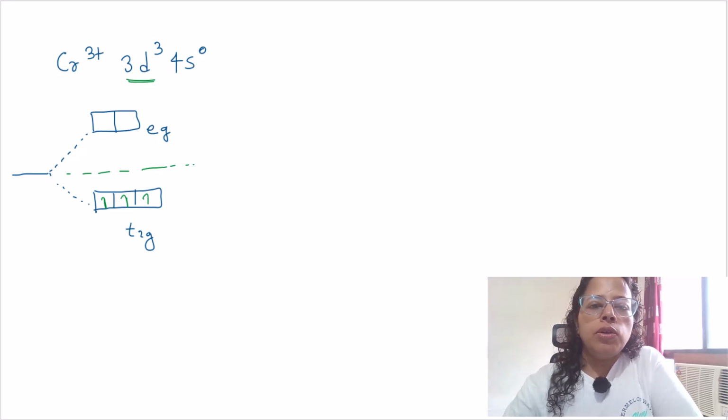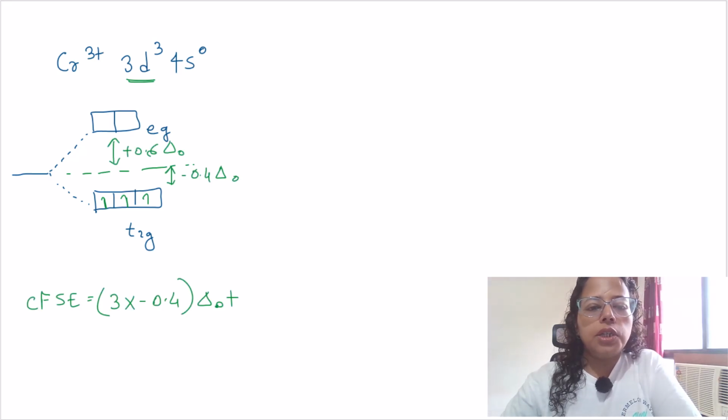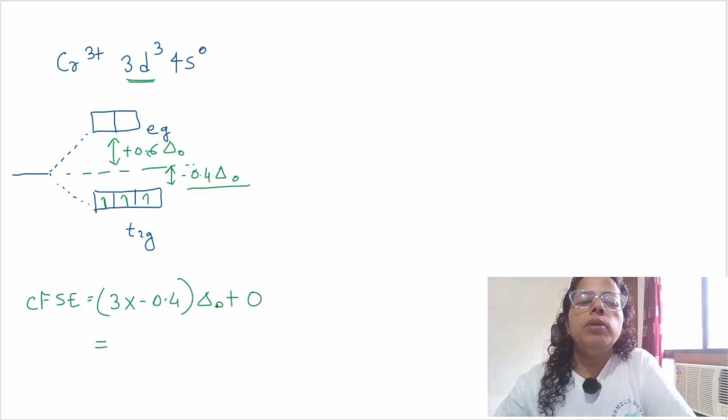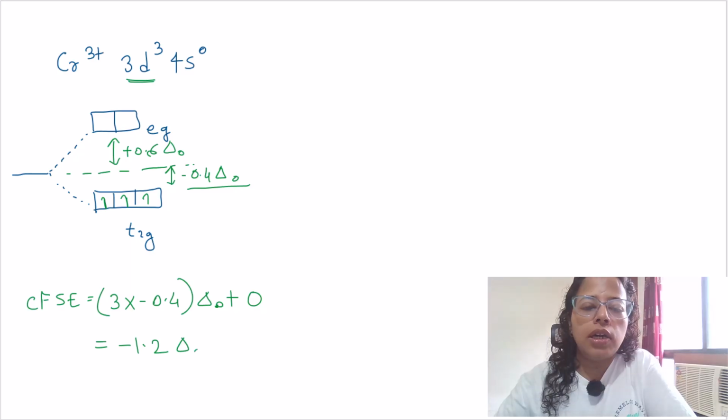We calculate the CFSE: we have 3 electrons in the T2G orbital, and we multiply that by a factor of minus 0.4 delta octahedral. In EG we do not have any electrons, so that value will be 0, and we get the CFSE for chromium 3 plus ion as minus 1.2 delta octahedral.